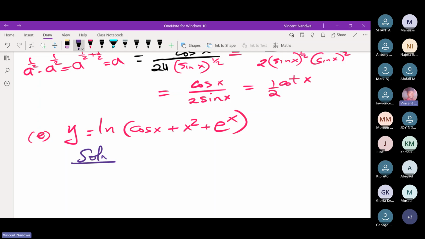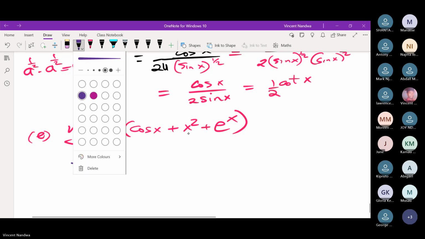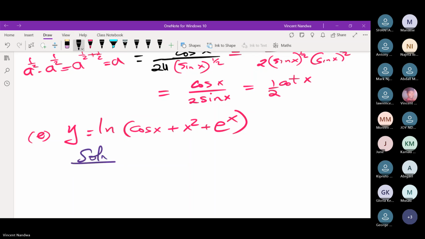Don't complicate the obvious. The process is the same as what we have done in the previous problem. We start by letting u be cos x.